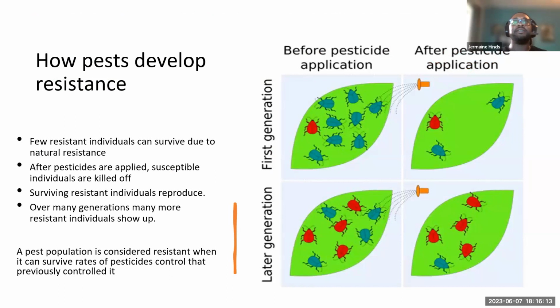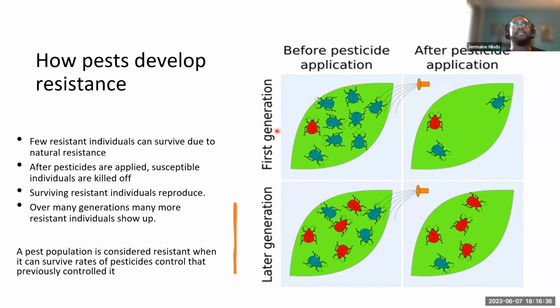So how do pests develop resistance? Typically, before you're doing any pest control, you have a number of pests out there, and in that population you have susceptible ones and resistant ones to any control that you're going to do. Say for this example, we're spraying these aphid-looking creatures.